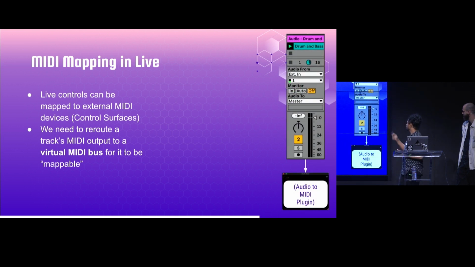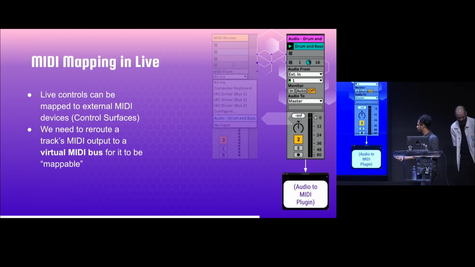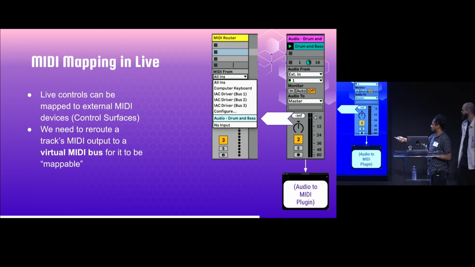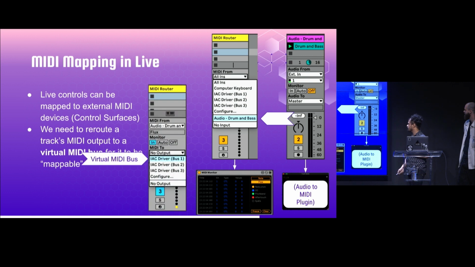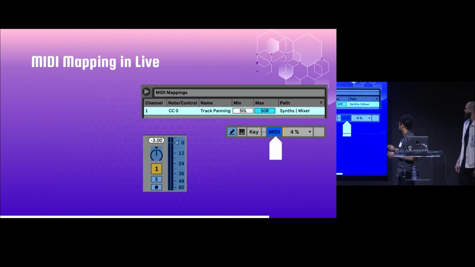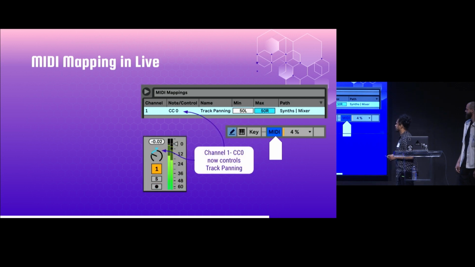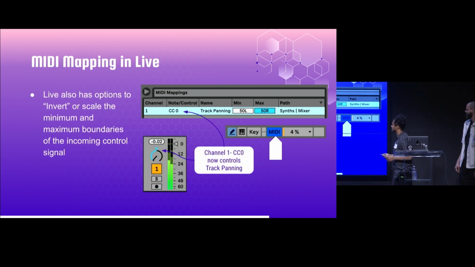So to do that, we dropped our plugin on an audio track, which is now being routed to this other MIDI track, which is receiving the MIDI. And the output of this MIDI track is a virtual MIDI bus. And that's what makes it accessible. And finally, you quickly turn on MIDI mapping, select a knob, and you've got your automation mapped to your CC control.